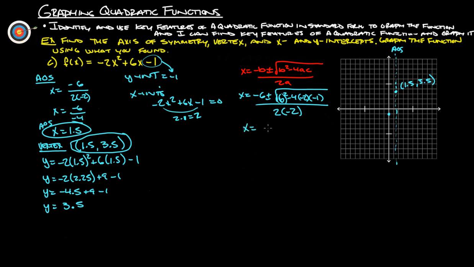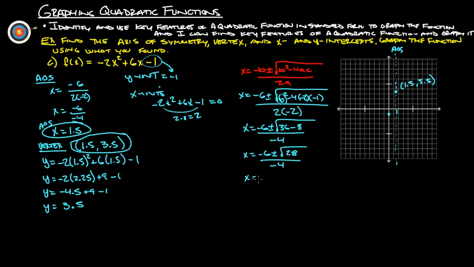Okay, so we get x equals negative 6 plus or minus 6 squared gives us 36. Negative times a negative times a negative is a negative. 4 times 2 times 1 is 8, all over negative 4. So x equals negative 6 plus or minus 36 minus 8 is 28. Right? Yep. All over negative 4.